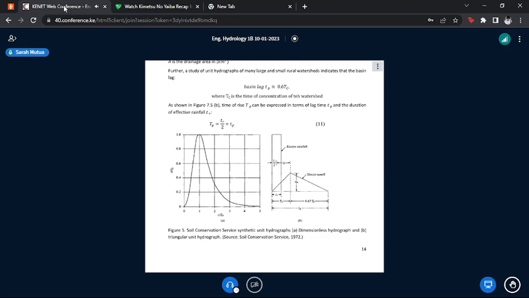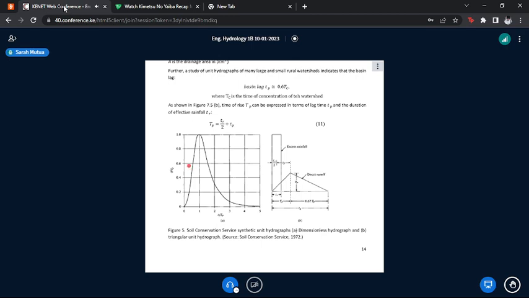The relationships are shorter, unlike with the Snyder's. Essentially, in the Snyder's, we started from a standard unit hydrograph to the real hydrograph, correlating the parameters in the two unit hydrographs.